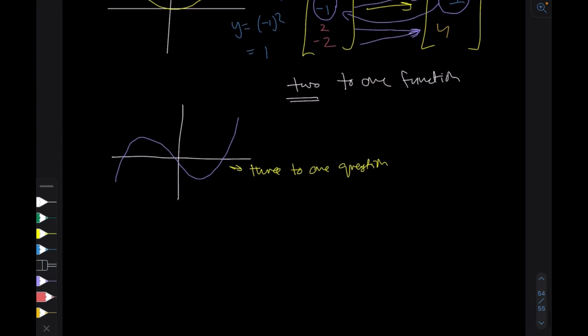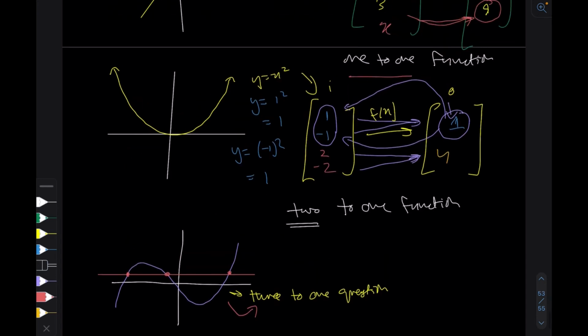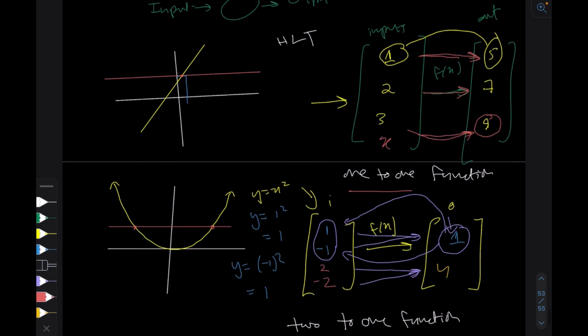So let me take this graph over here. If I drop a horizontal line over here, it intersects at 1, 2, 3 points. So this is a 3-to-1 function. If I drop a horizontal line over here, this will be a 2-to-1 function. If I drop a horizontal line here, it will be a 1-to-1 function.